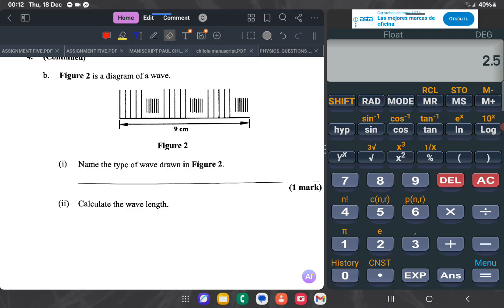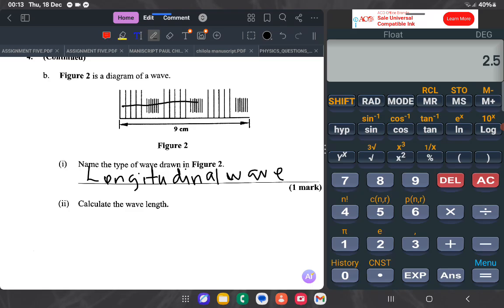We are asked to name the type of wave shown. So this is a longitudinal wave. Remember, a longitudinal wave is one in which the particles vibrate in the direction parallel to the direction of the propagation of the wave.